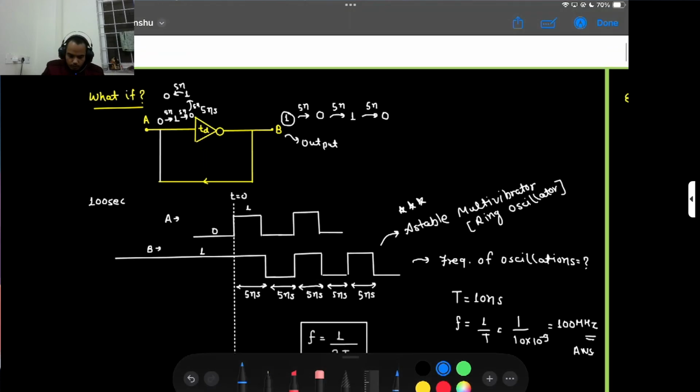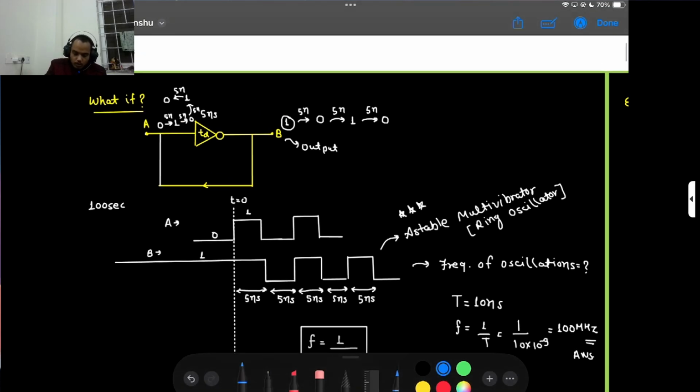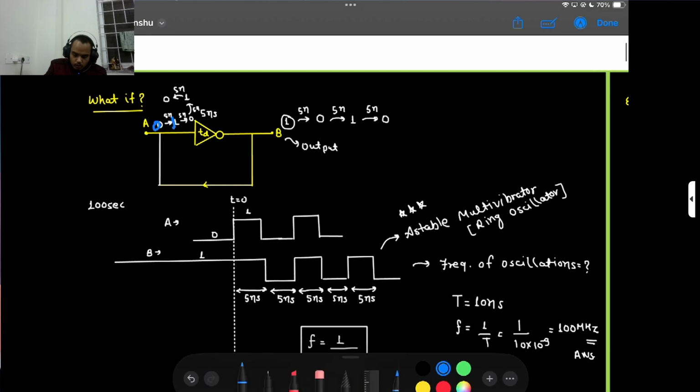So whatever input 0 1 we give. There is a 5 nanosecond delay, so initially it's 1, and after 5 nanoseconds it goes to 0, and after another 5 nanoseconds it goes again, something like that.